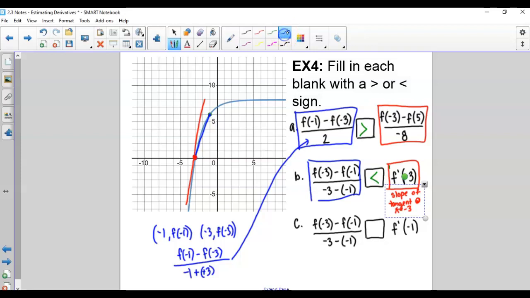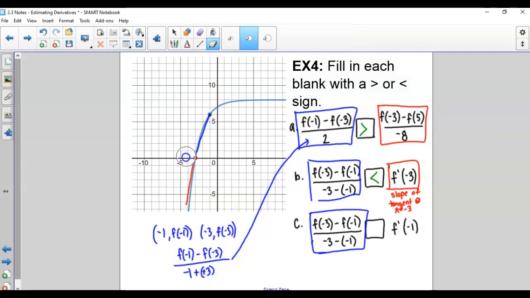Now, if we look here, we have that same blue line for part C. Then we're asked about the slope of the tangent line at x equals -1. Rather than that red line we have here, I'm going to erase that and add in f prime of -1 right here.